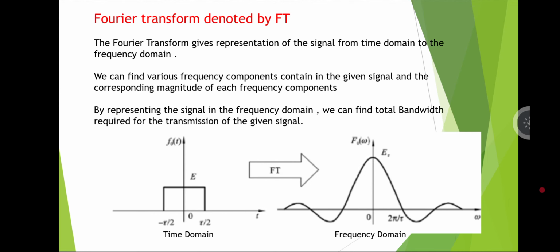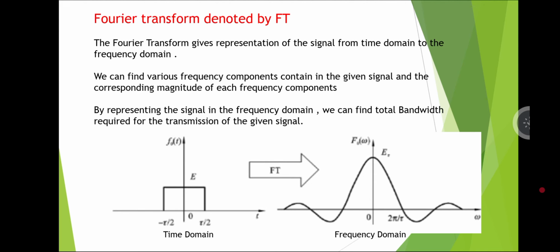And one more thing: why are we going to convert this time domain signal to a frequency domain signal? Yes, we know that it is converted by the Fourier transform, right? But why is it required? Now this is the question. So just learn that we can find the various frequency components contained in the given signal and the corresponding magnitude of each frequency component.